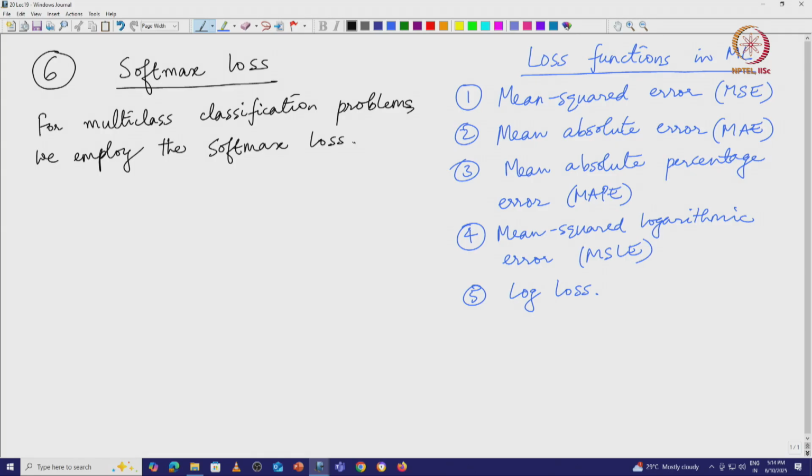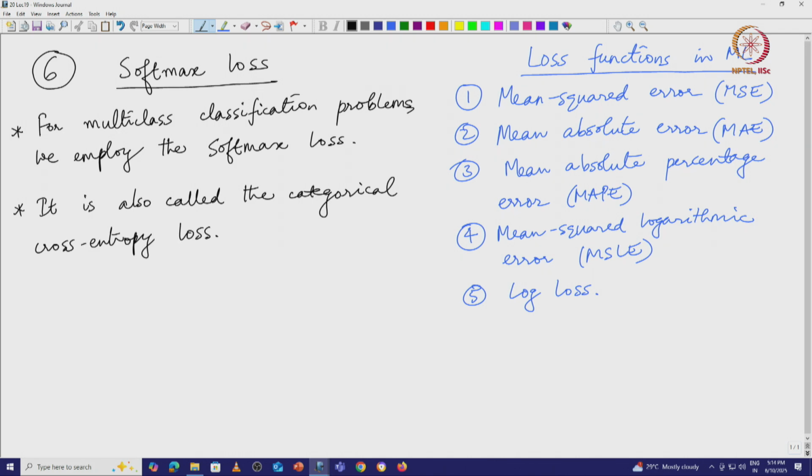It is also called the categorical cross-entropy loss, just like the binary cross-entropy loss, and it is defined as follows.